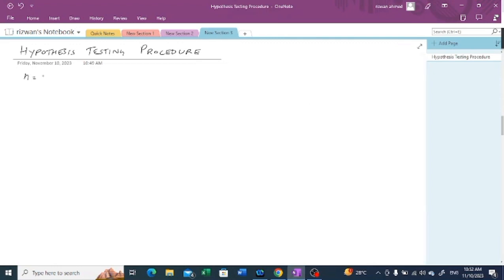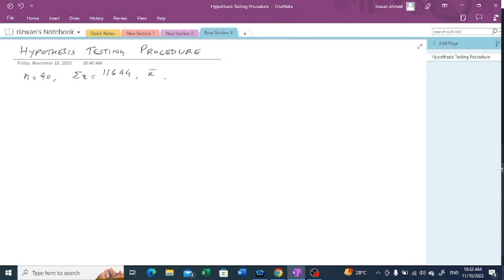N equals 40. The sum that we are given is 11,644, and using this we can work out the mean value.